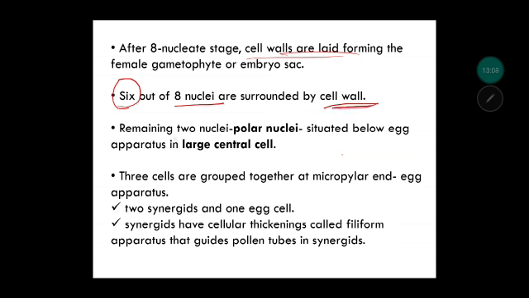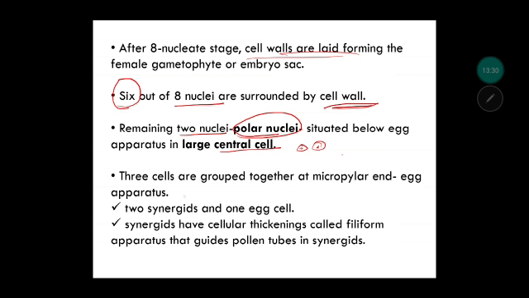What will happen to the remaining 2 nuclei? They will form polar nuclei. Polar nuclei are situated in the center of the embryo sac, and that center is called the central cell, in which these 2 polar nuclei are present.